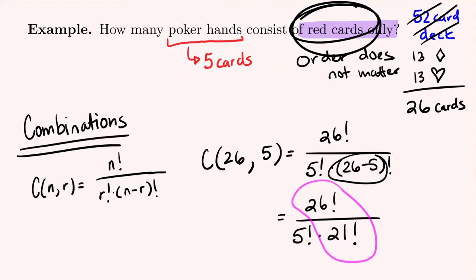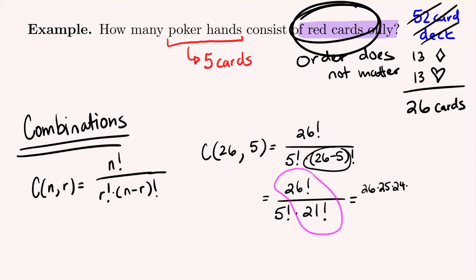So whenever you cancel what would occur from the 26 factorial and the 21 factorial, all that you'd be left with is from the bigger one, you had the 26 that didn't cancel, the 25, the 24, the 23, the 22, and then once you got to 21, it started canceling with what was at the bottom. So we've dealt with this, divided by, I guess they didn't cancel perfectly.